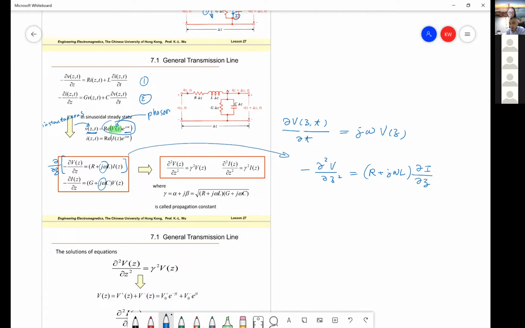All right, then I substitute this into this. The partial I partial z equal to v, right? This is this equation.